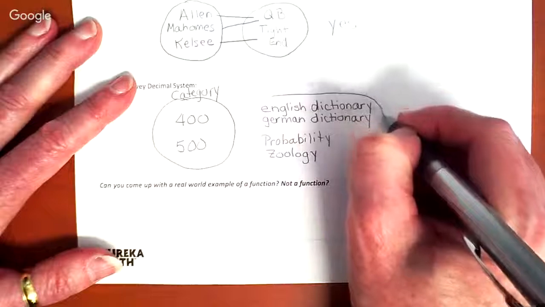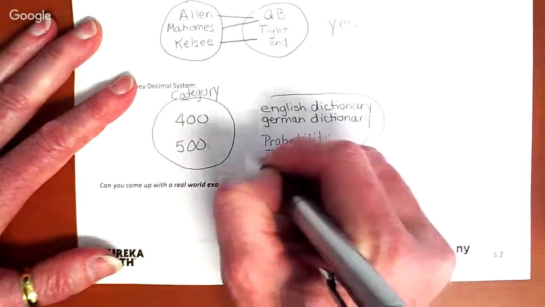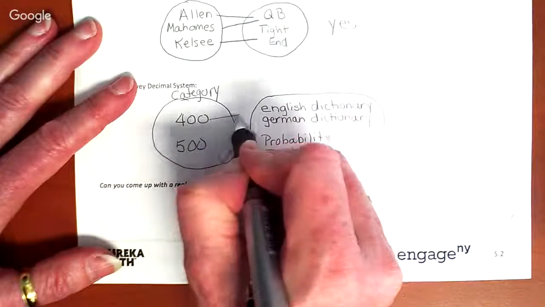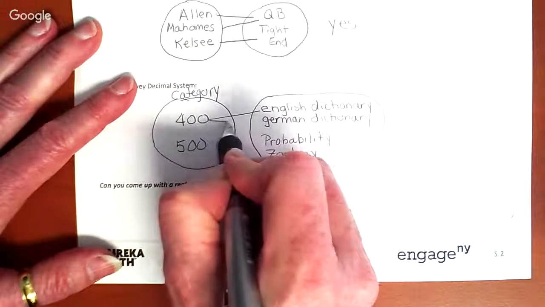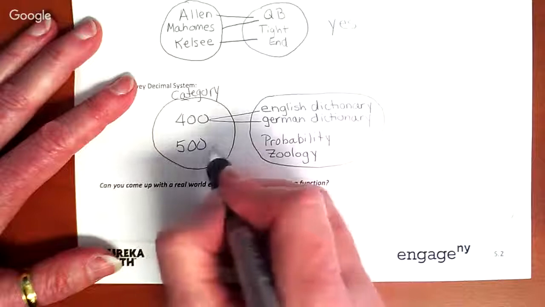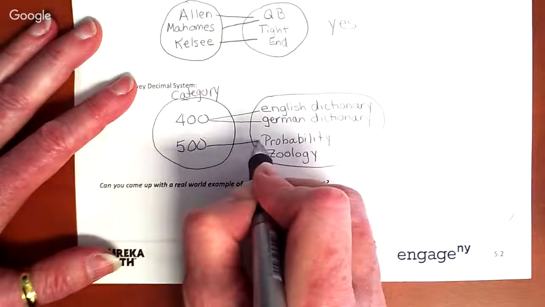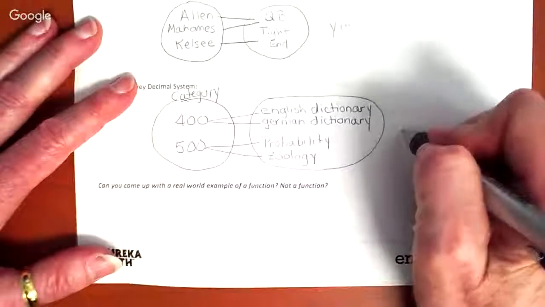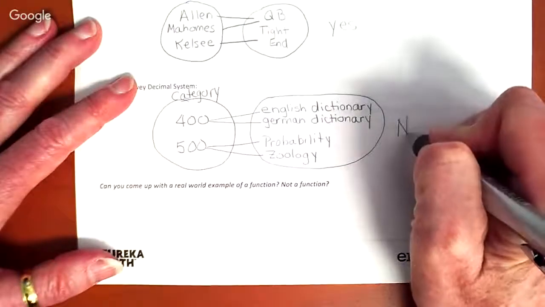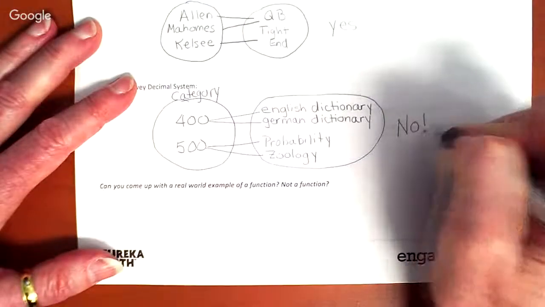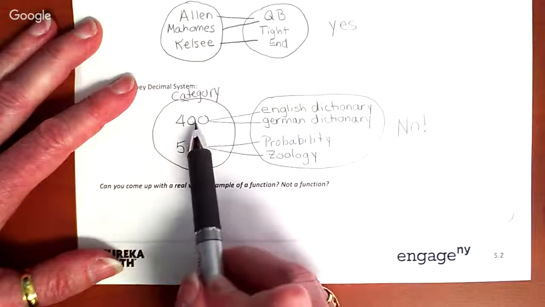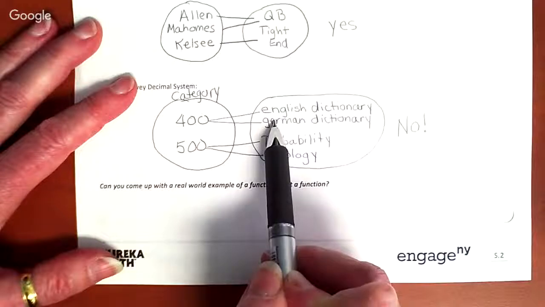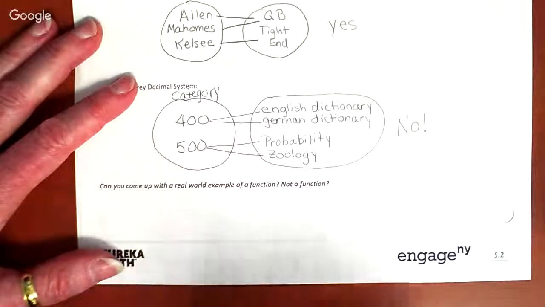In our other category, so 400 would go to English dictionary and German dictionary. 500 goes to probability and zoology. Here is not a function. The answer is no, because we have one input going to two outputs. Therefore, not a function.